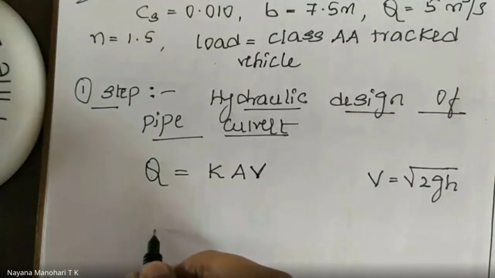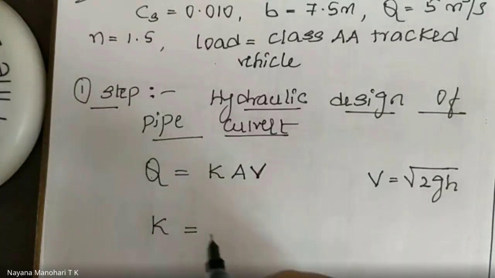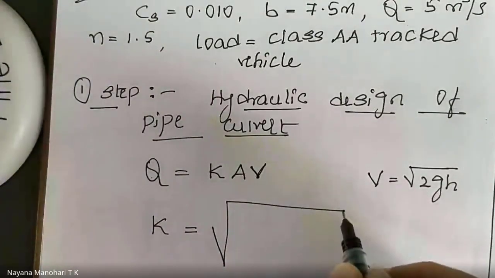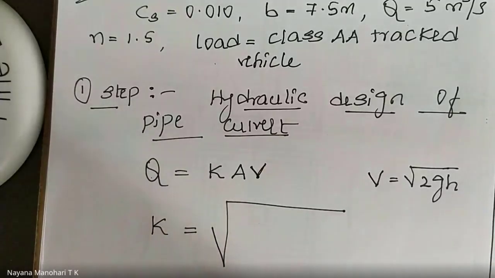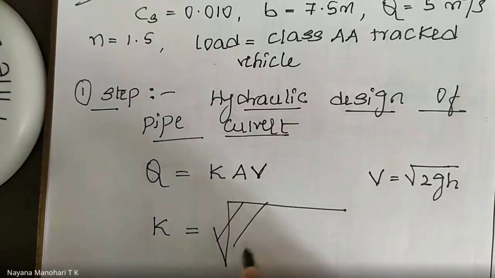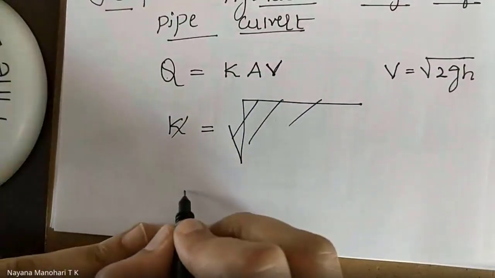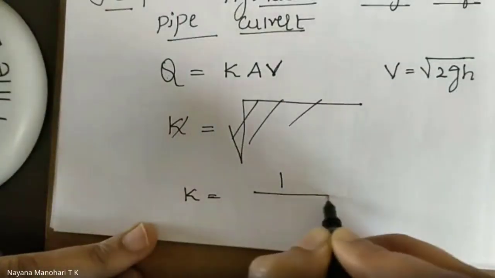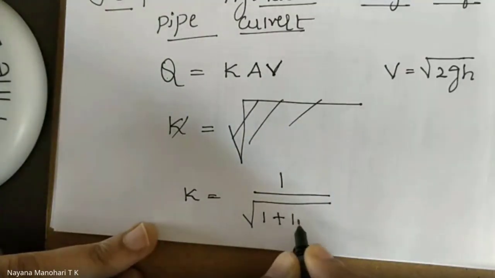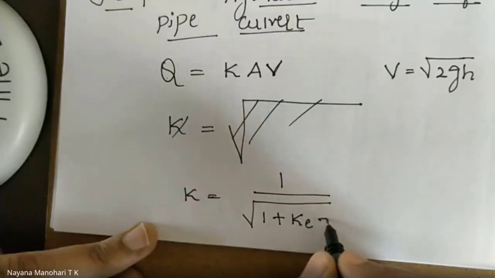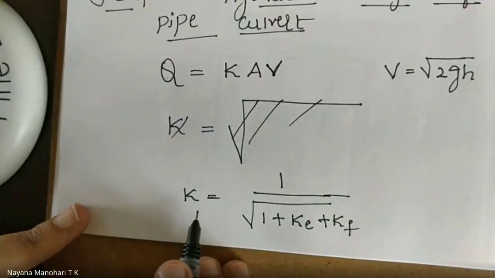What is the formula to calculate K? It is the conveyance factor, given by K equals 1 divided by square root of 1 plus KE plus KF. K is the conveyance factor.